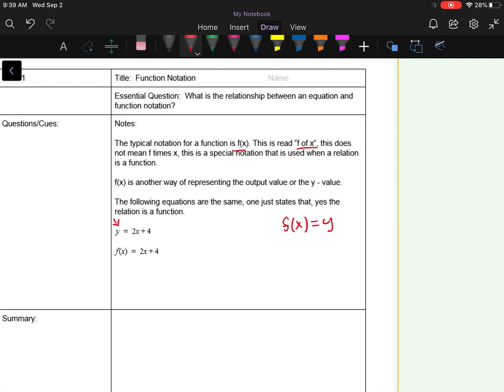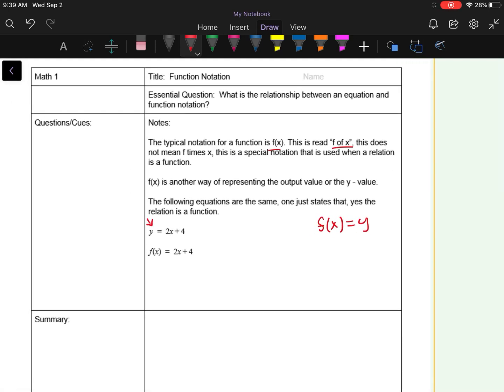Now, why is this important? Why would we even bother making it fancy? Because it makes it easy to input values into the function. Let's look at this example right here.